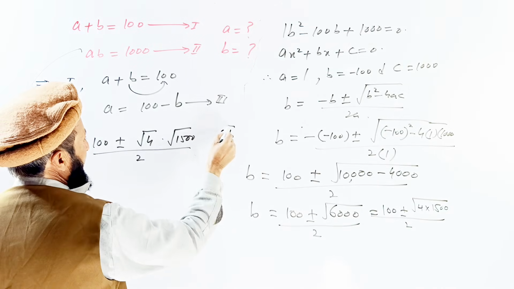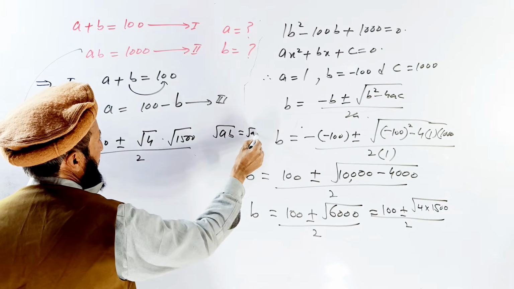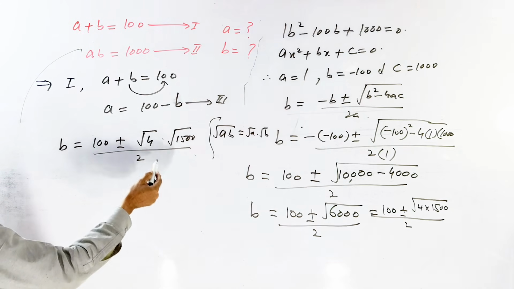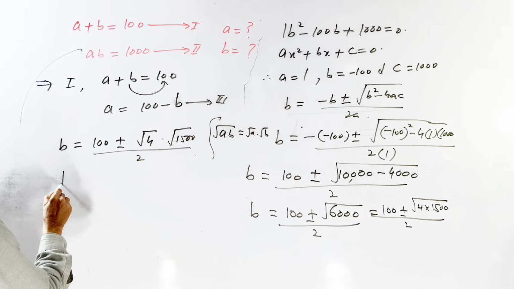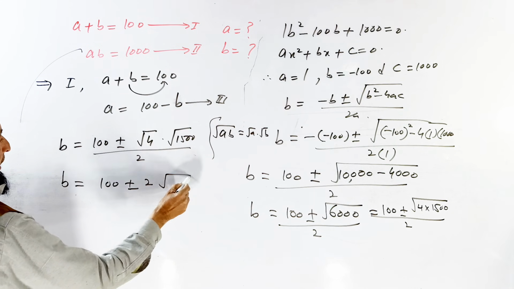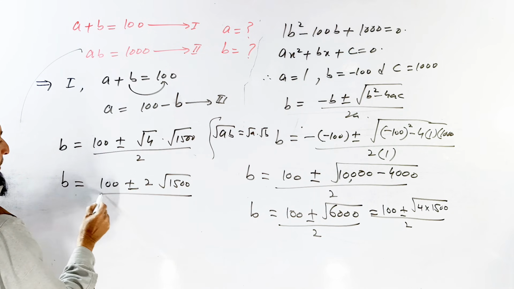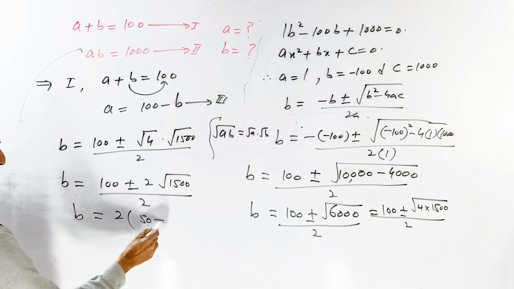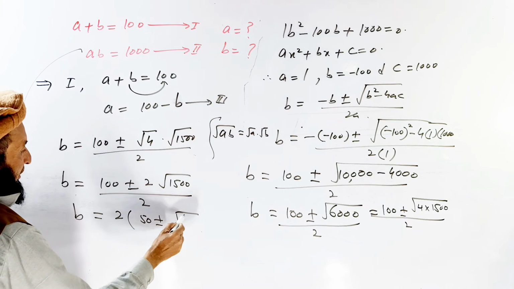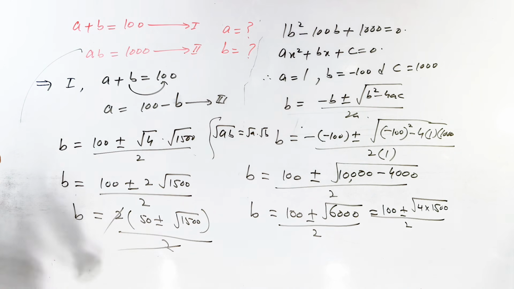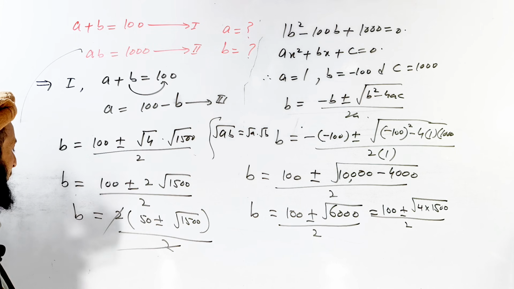According to the property of square root of AB, we can write square root of a times square root of b. So square root of 4 is 2, and 2 times square root of 1500 divided by 2. 2 is common here, so 50 plus minus square root of 1500. 2 and 2 cancel, and we get 50 plus minus square root of 1500 as the value of B.